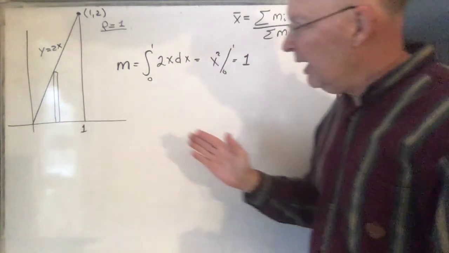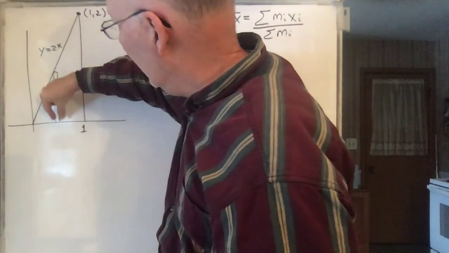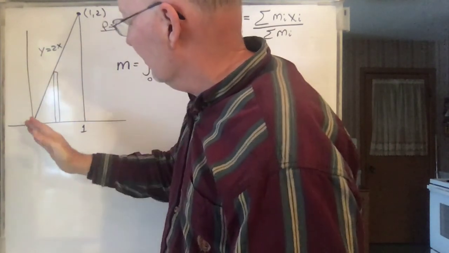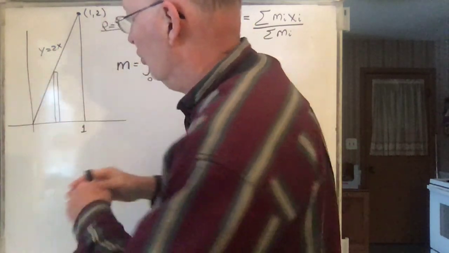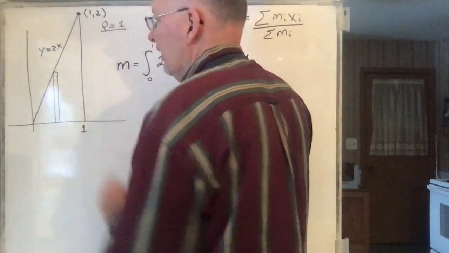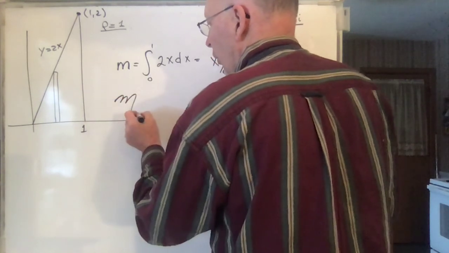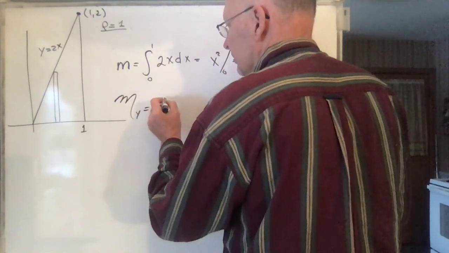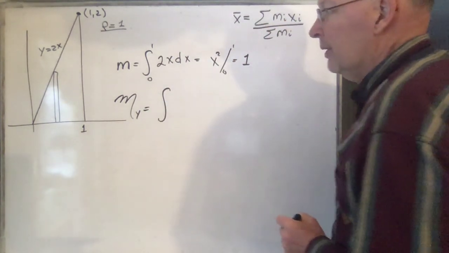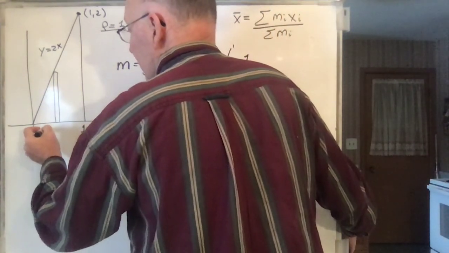Okay? Now, let's find the moment around the y-axis, which means I have this rectangle right here. Think of all these rectangles as wanting to twist this thing into the board around the y-axis. Then what's going to be the moment? Each one of those things is a distance x away.